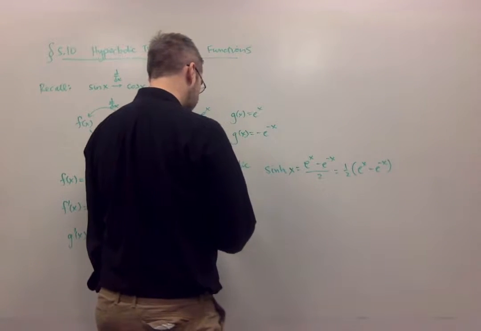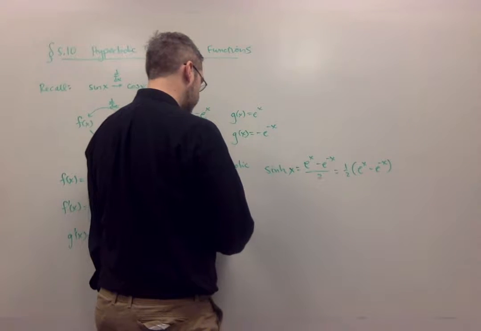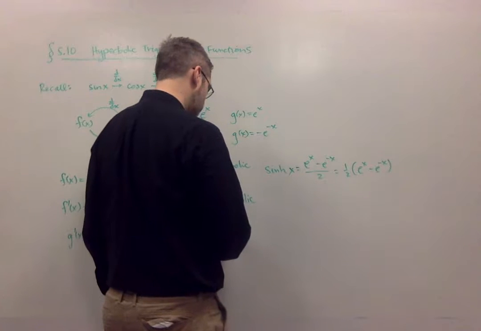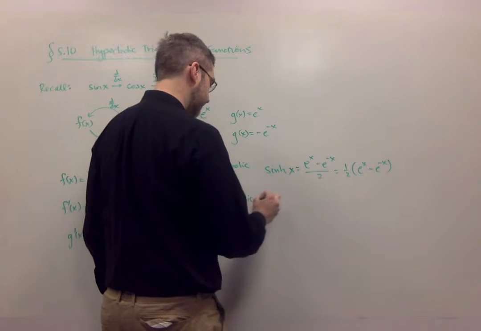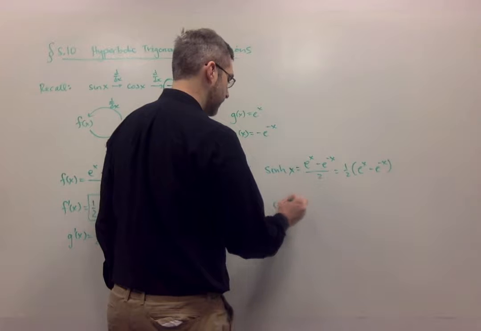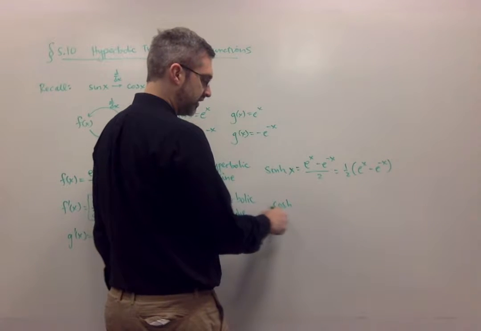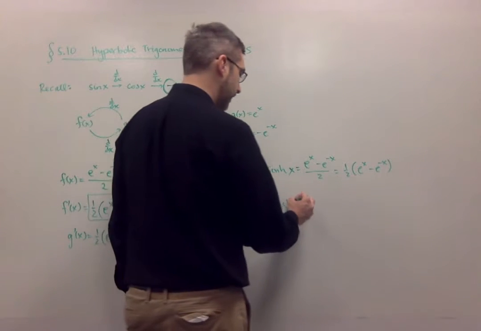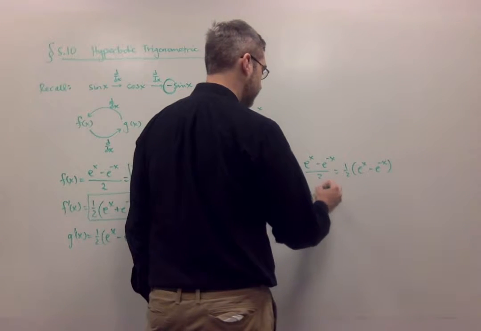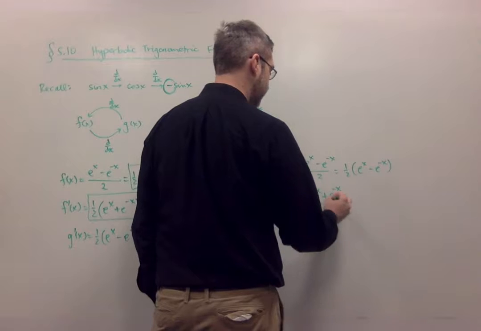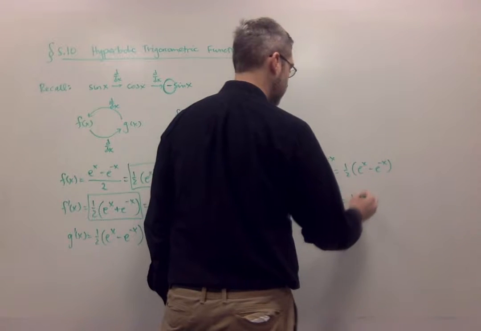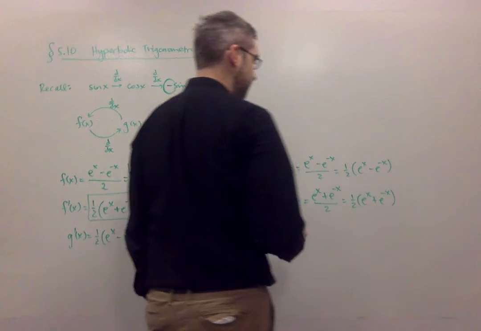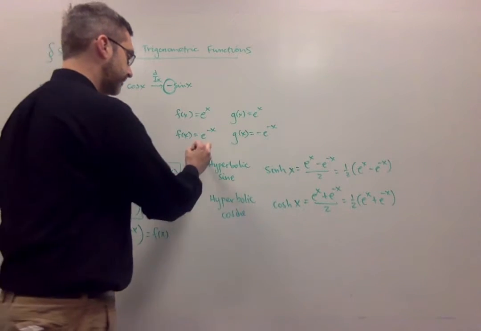And then we're going to call the other one, my g over here, hyperbolic cosine. Okay, and so we're going to write cosine, C-O-S, with an h of x, and that's going to be e to the x plus e to the negative x over 2. Okay, in other words, 1/2 of e to the x plus e to the negative x.